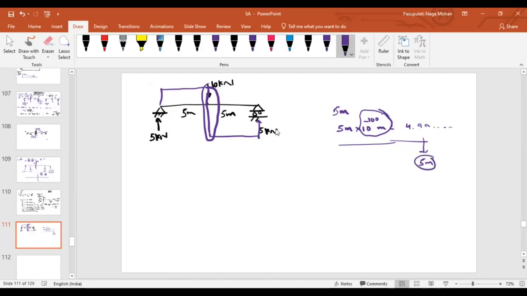Because as I told you, as we're talking about immediately to the left, we don't bother about the distances. Physically speaking, we don't find it at that point. So this is the thumb rule: wherever there are concentrated loads or reactive forces, shear force can't be defined.